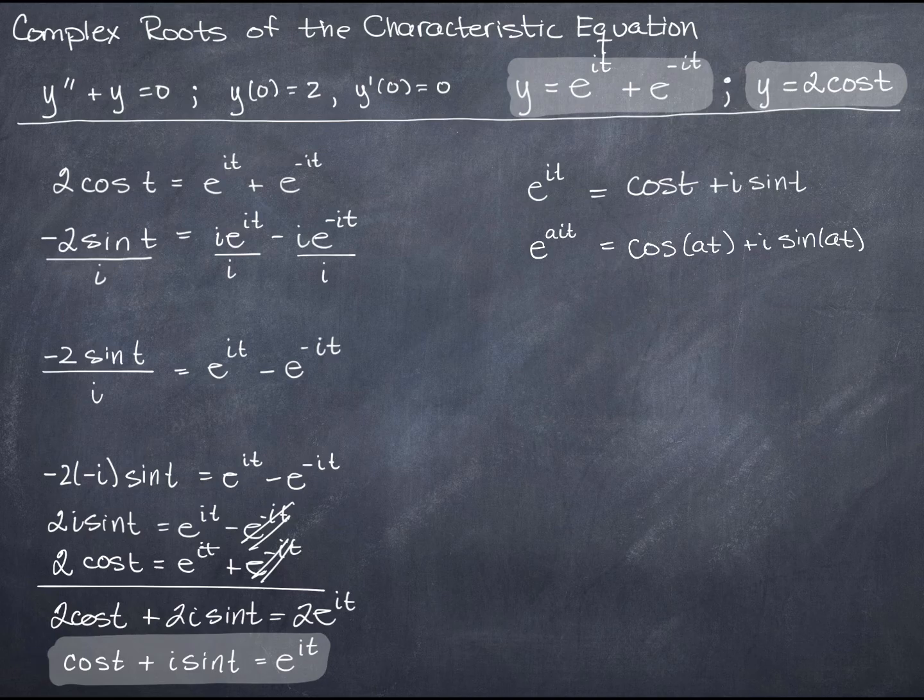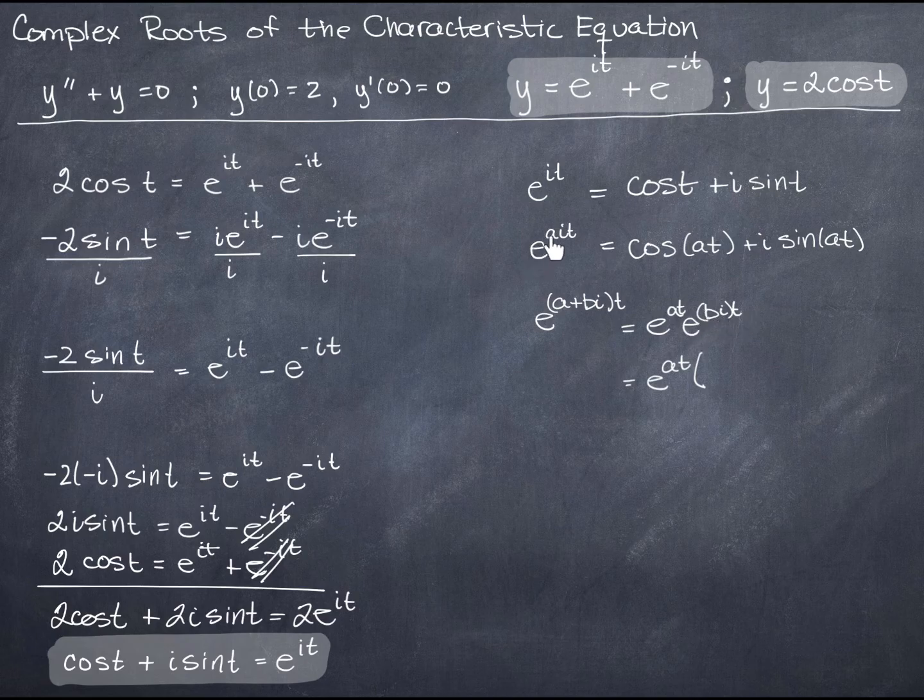One other thing to note is that e to the (a plus bi) times t can be written as e to the at times e to the bit. I could put parentheses around that. And that means I'm going to have e to the at times, how do we write e to the bit?